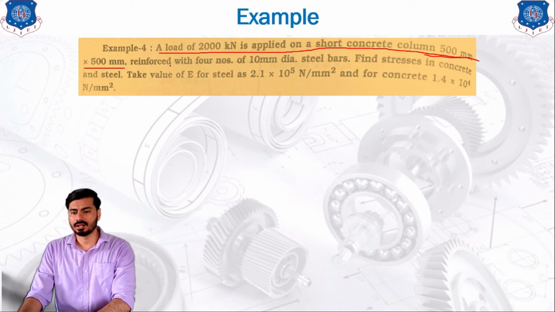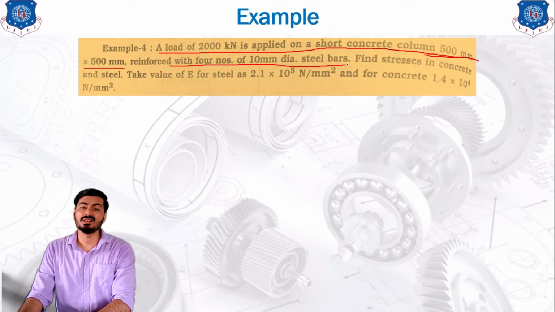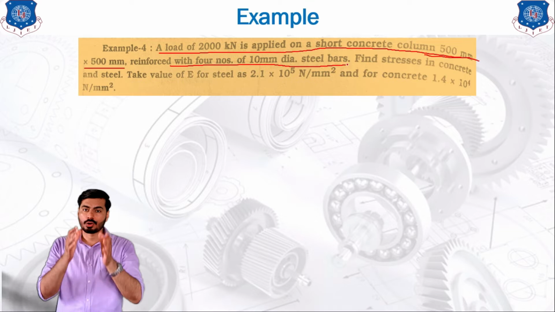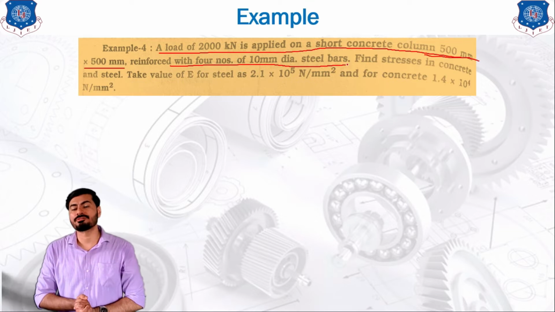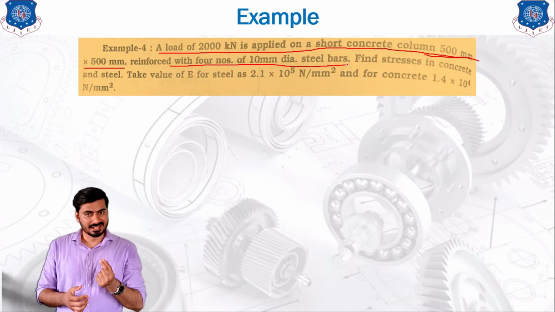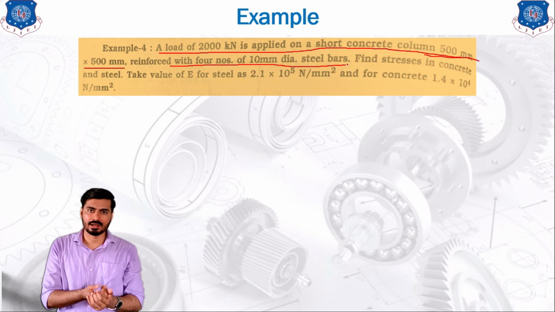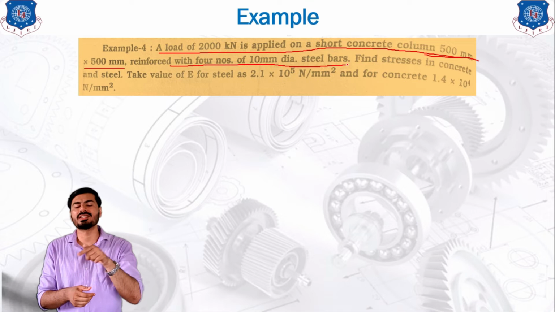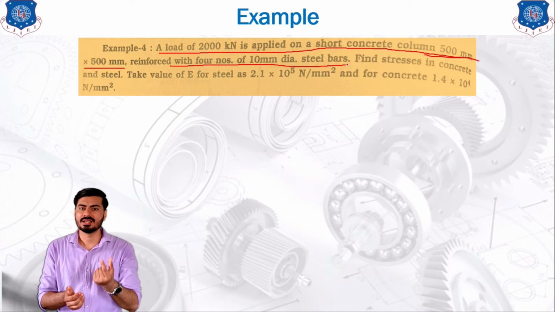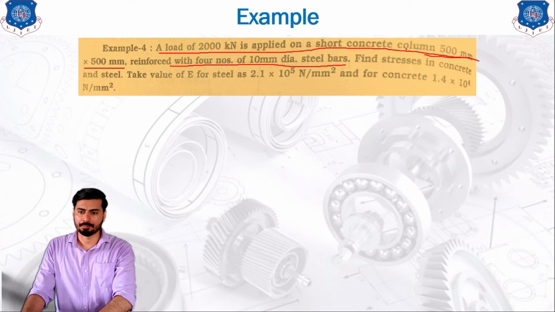It is reinforced with 4 number of 10 mm diameter steel bars. As I said, the column contains 4 steel bars, each having a diameter of 10 mm, which means if you cut the steel bar, you will get a circular cross section with a diameter of 10 mm.